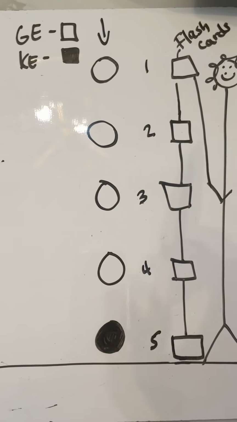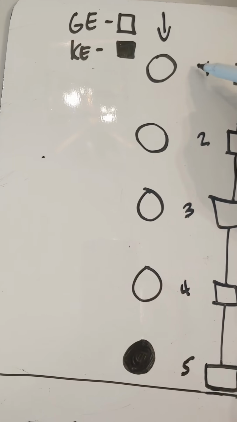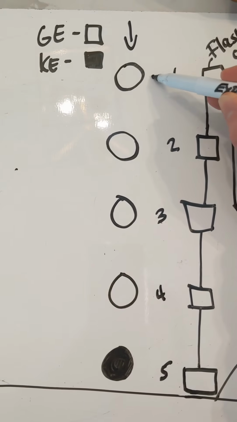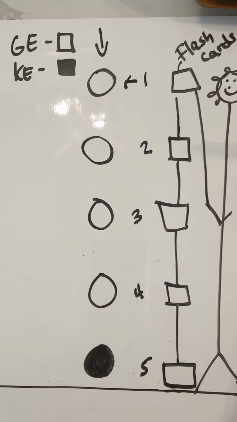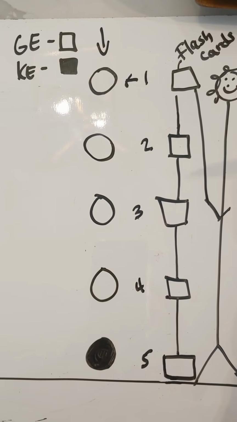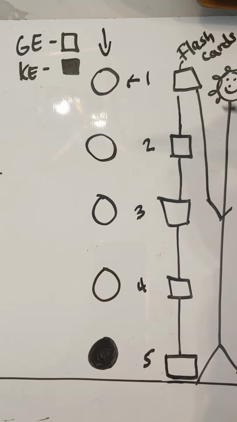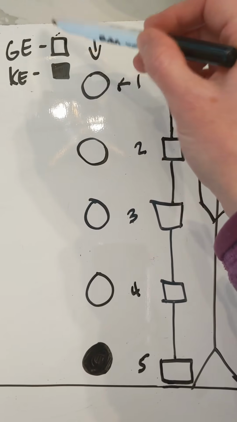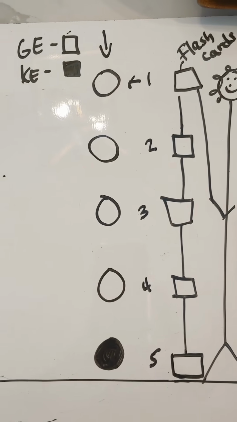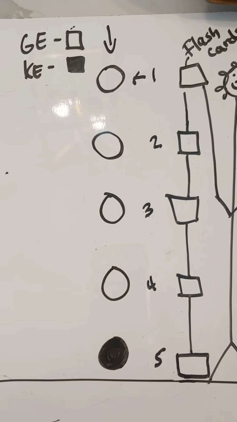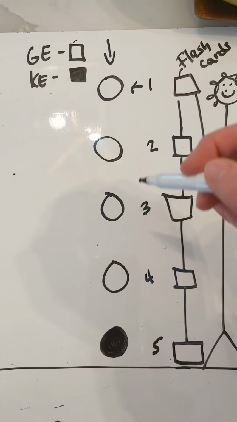All right, so when I was holding on to the flashcards, that's step number 1 here, it had the potential to move, but it wasn't moving, so we have all gravitational energy, so I'm just going to leave it blank. Okay. Then I also did number 5 for us.